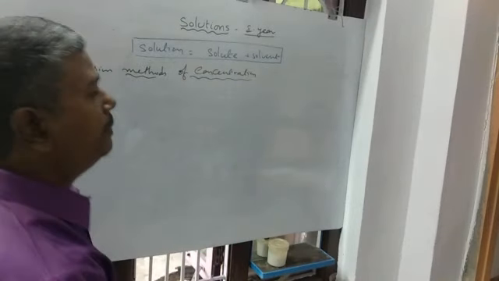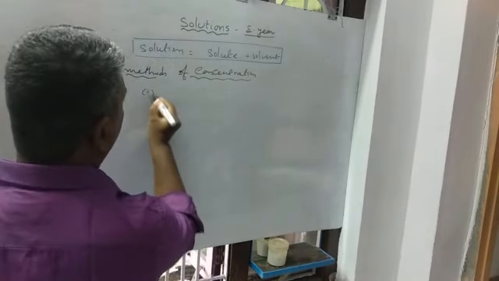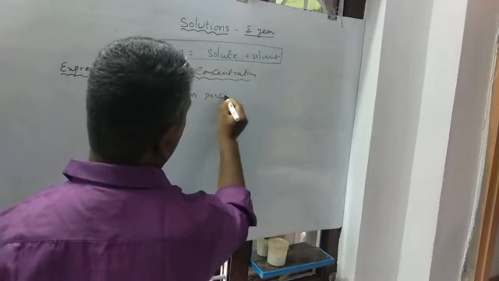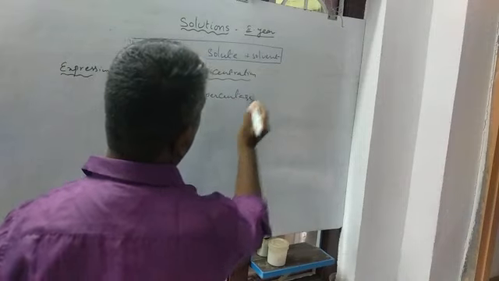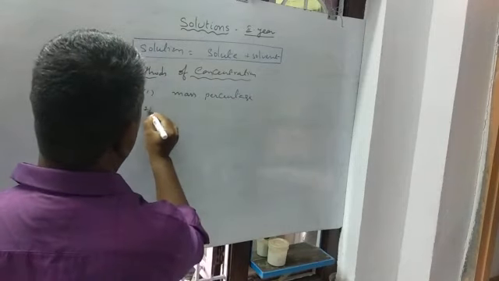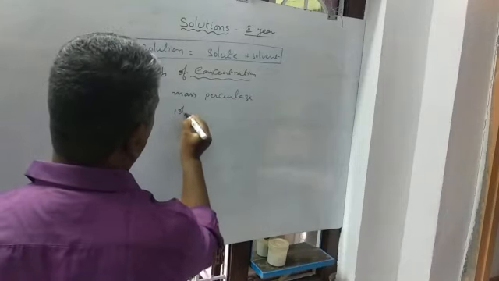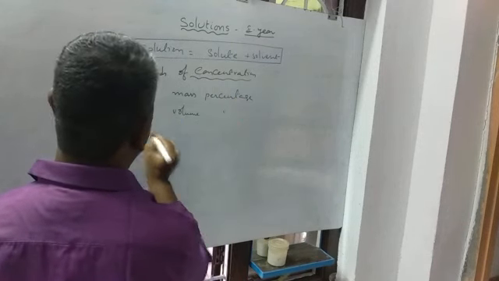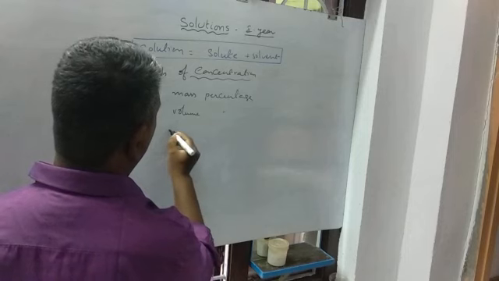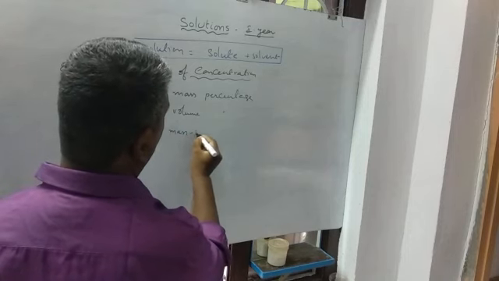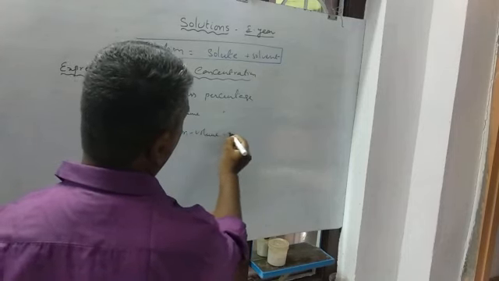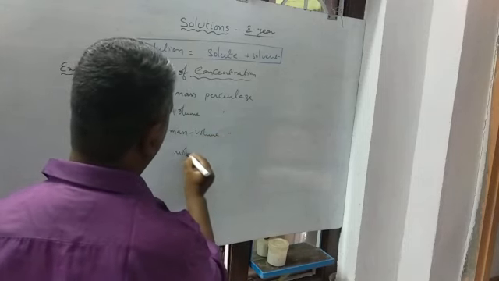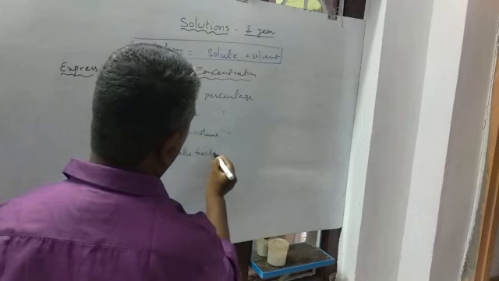We have so many methods. One is mass percentage. Second one, volume percentage. Third one, mass volume percentage. Fourth one, mole fraction.